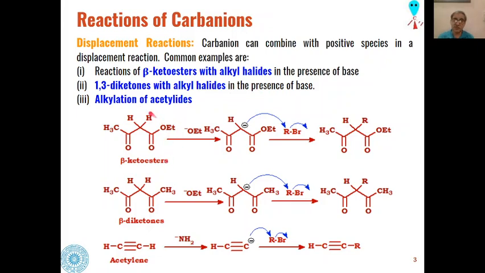So for example, the first one, the beta keto esters. As we discussed in the last lecture also, because of the presence of these carbonyl groups, these protons become very acidic, and because of their acidity they can be easily abstracted by a base.